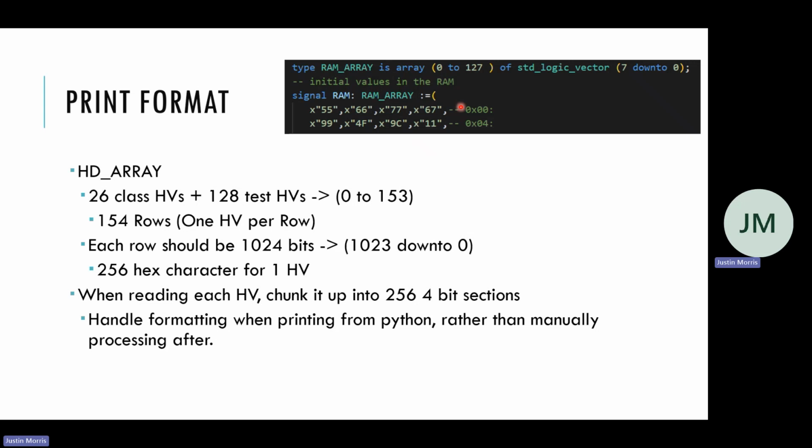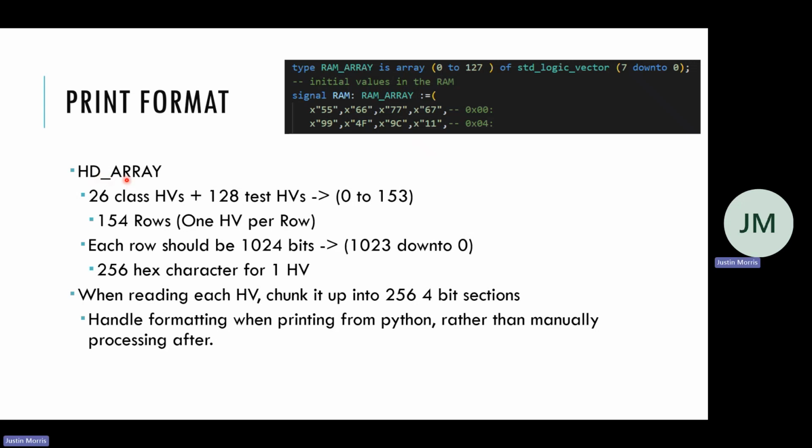No. So RAM, let's just call it HD array. Okay. So this HD array file is just to be read from. You don't store any results into it. So this isn't what you would check for if your results are correct.